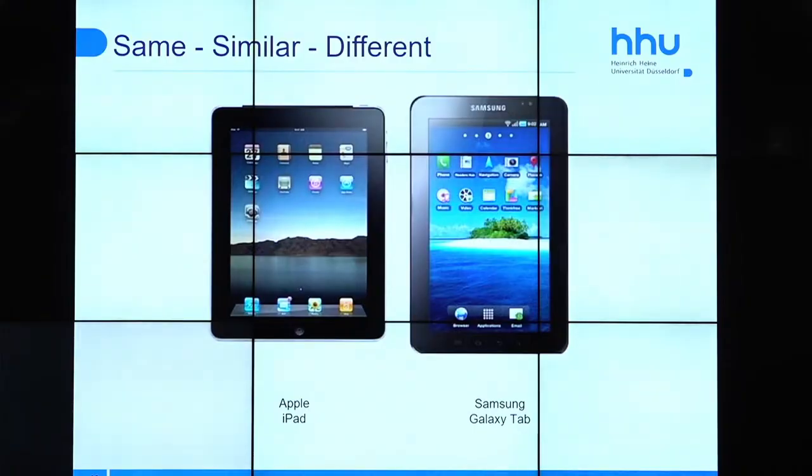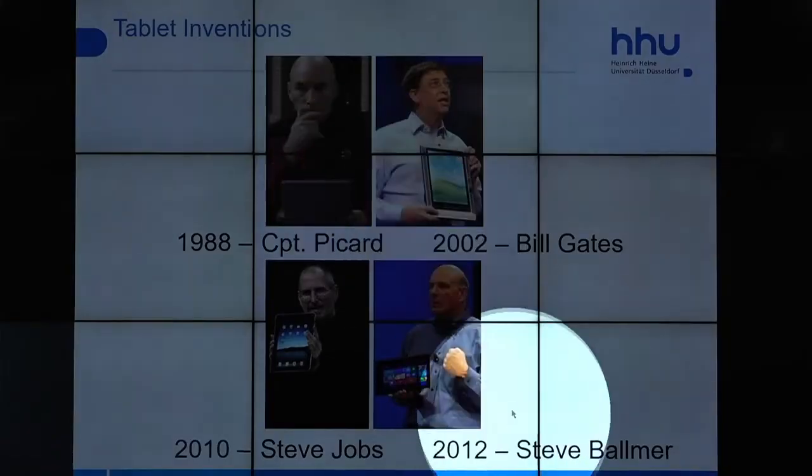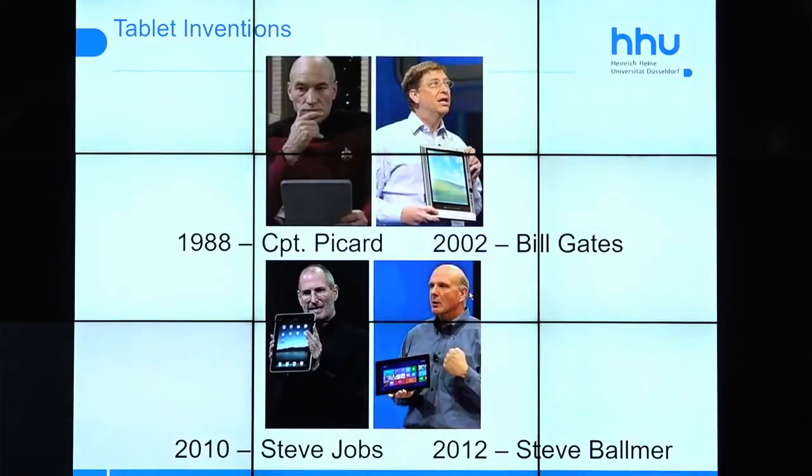To see what is similar or dissimilar, I do not just want to go only for chemistry. Here you see iPad or Galaxy tab. You can decide if they are similar or the same or different. So there are different possibilities. Or if you go into history, you can see even with Star Trek or something like this, you saw something 20 years before, which was then later called a very new innovation.